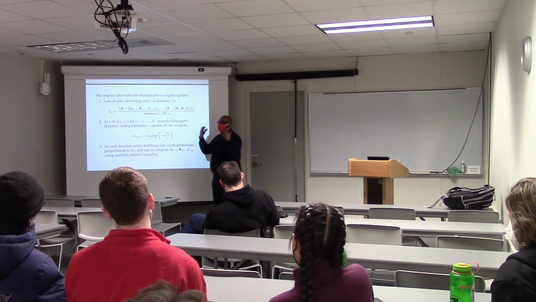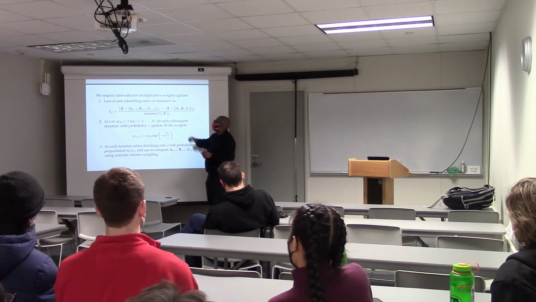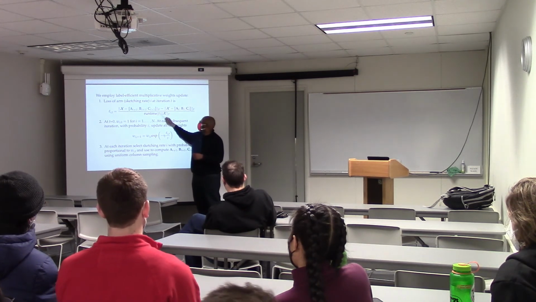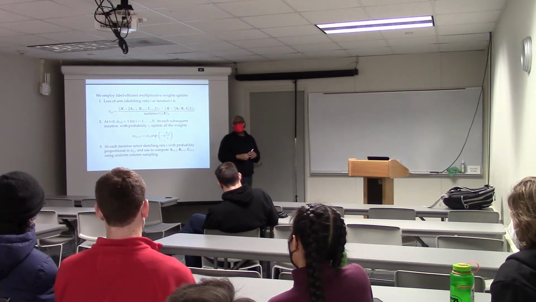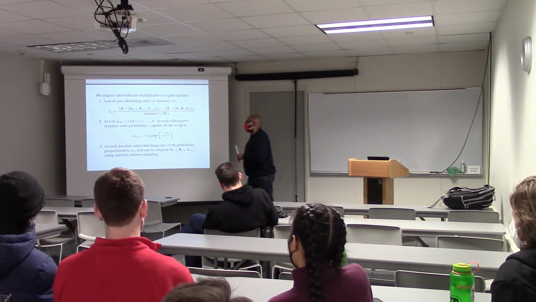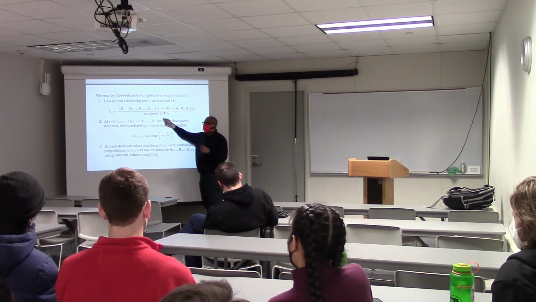So we do ALS with these different rates, and we measure this objective: how much did our objective decrease using that sketching rate over how long it took to solve using that sketching rate. And then we would assign weights to the arms based on these losses.